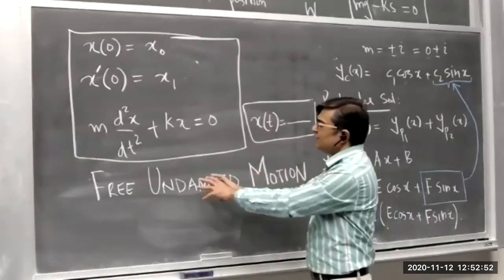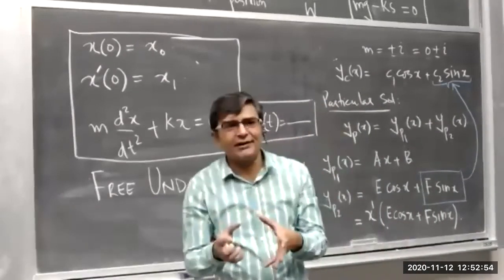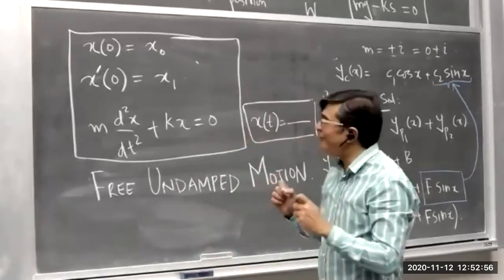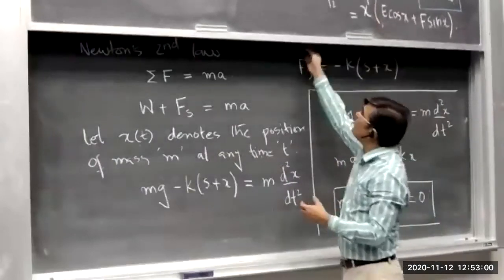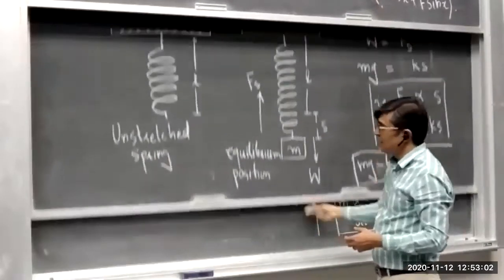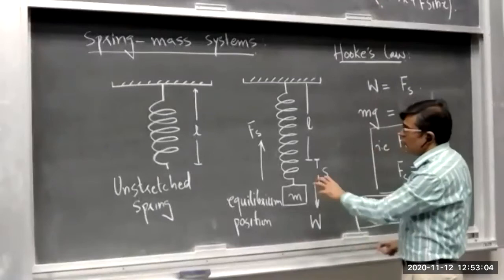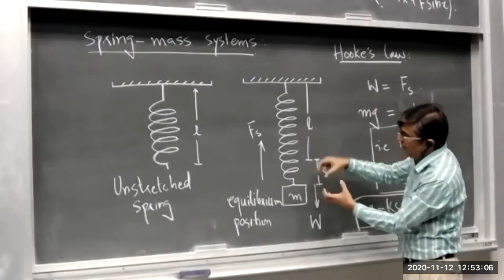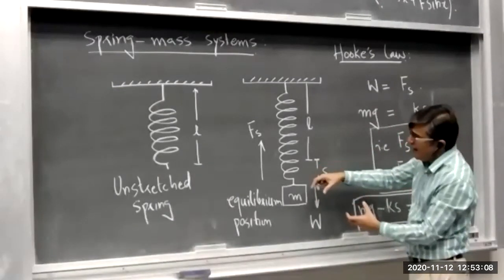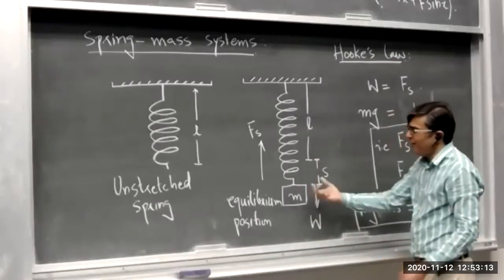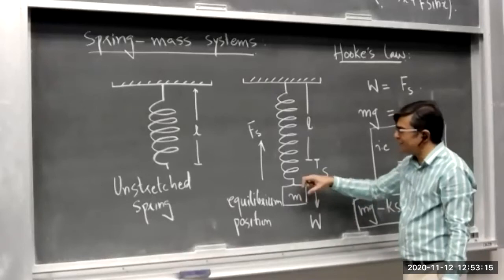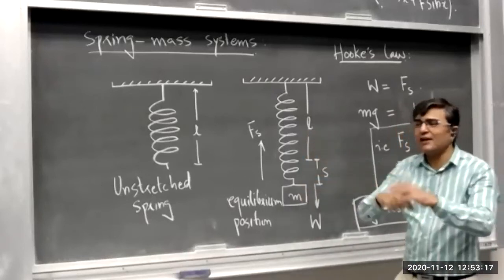Undamped means we are assuming there are no resistive forces or frictional forces which try to slow down the motion of this mass. When we pull it down or upward and leave it, it will start moving.